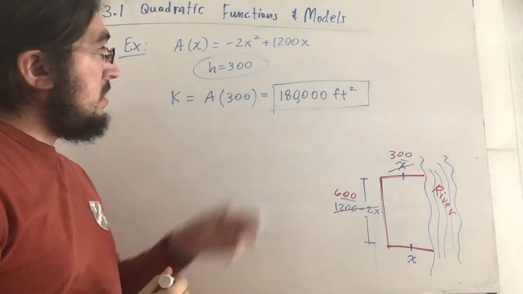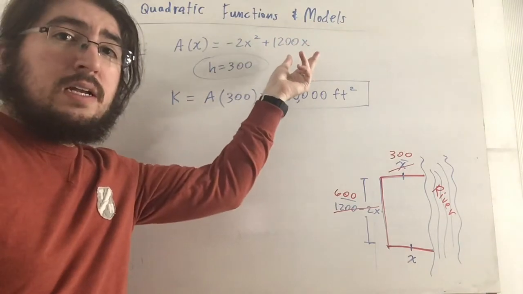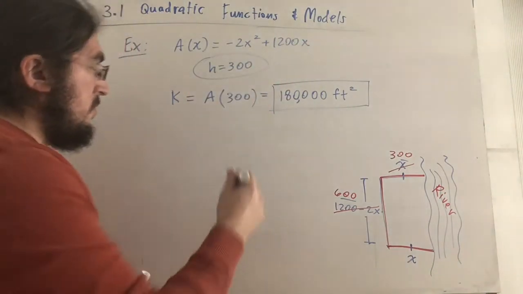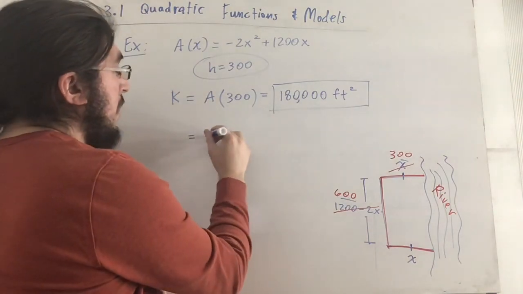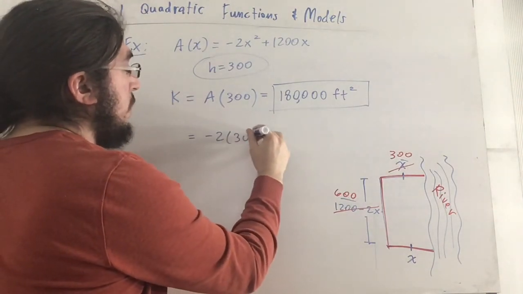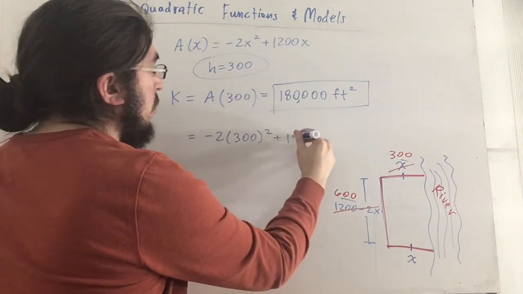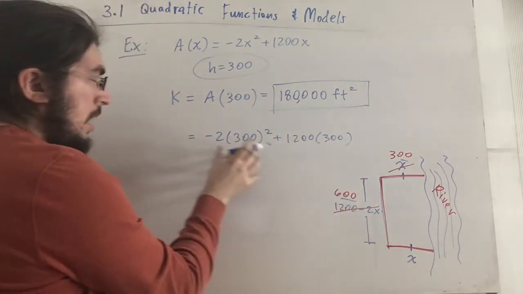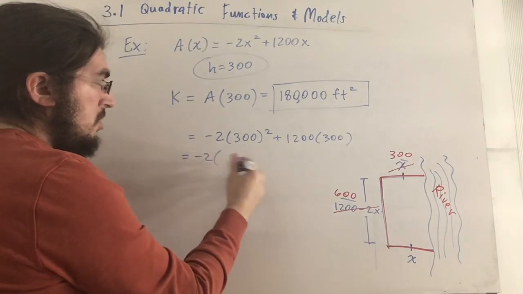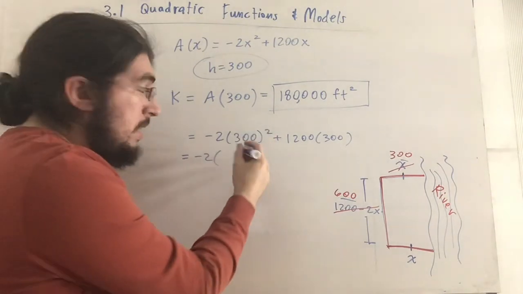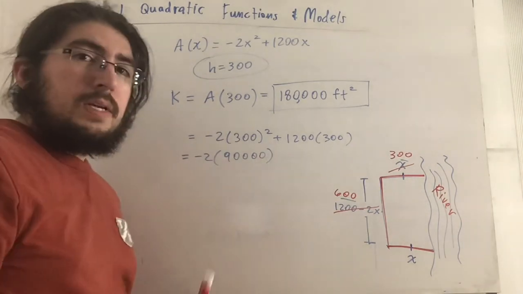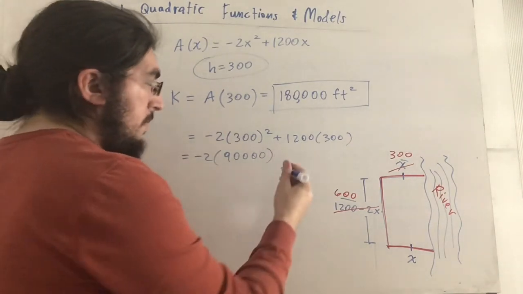But you can check for yourself. If you plug 300 into this expression, you'll get this indeed. In fact, I don't want to leave you hanging. I'll just do it for you. So if you plug 300 into this, you get negative 2 times 300 squared plus 1200 times 300. So notice, 300 squared is 9 with 4 zeros because you double the amount of zeros when you square.